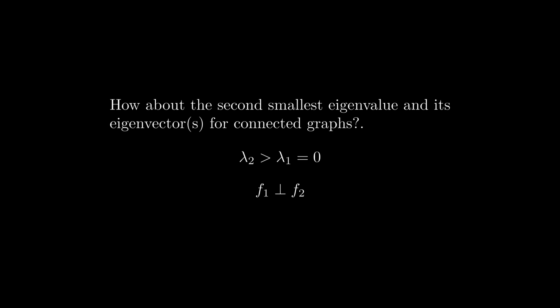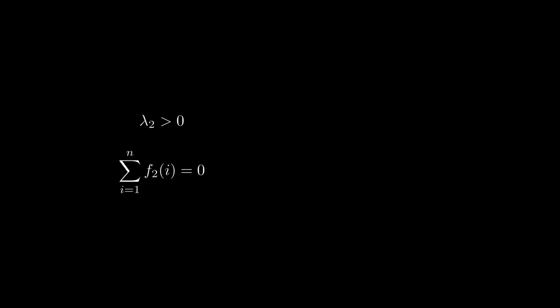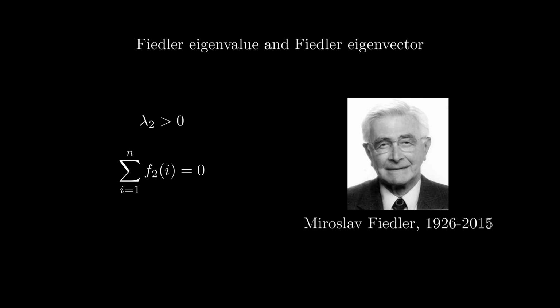A zero dot product suggests that the summation of entries of f2 is 0, but different from f1, there will be ups and downs in f2. Lambda 2 and f2 are called the Fiedler eigenvalue and the Fiedler eigenvector. They are named after mathematician Miroslav Fiedler.